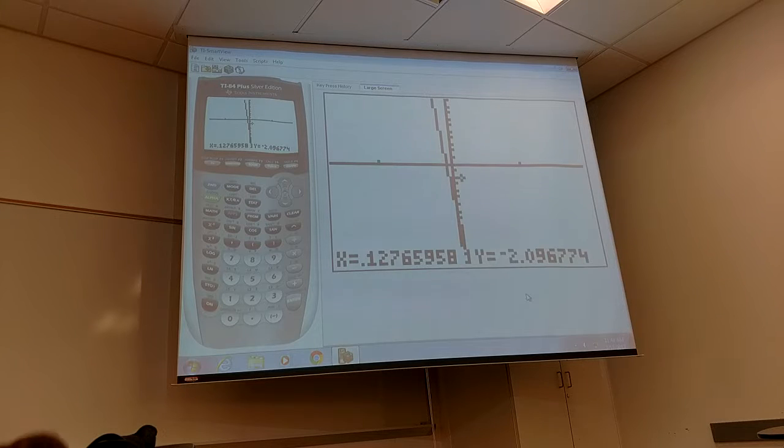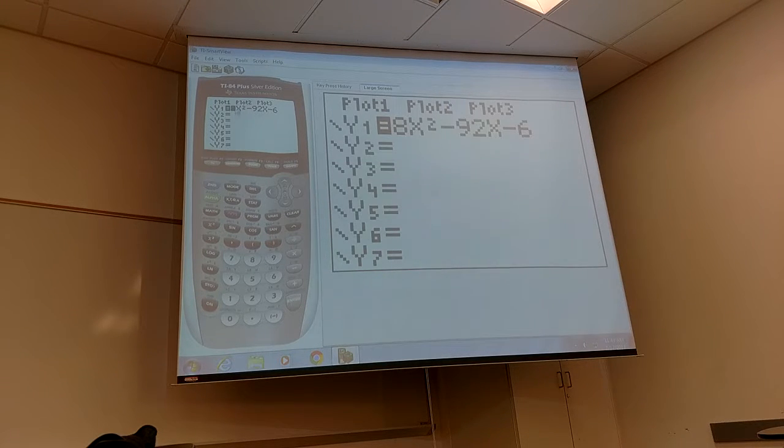So what they mean by that is, let's all try this one together. Go up here, clear this out. Don't worry about the bracketed stuff yet. Put the function in, e to the... your e button is right above the ln button, which makes sense because they're inverse pairs. So if you hit second ln, that's your e to the 0.5x.